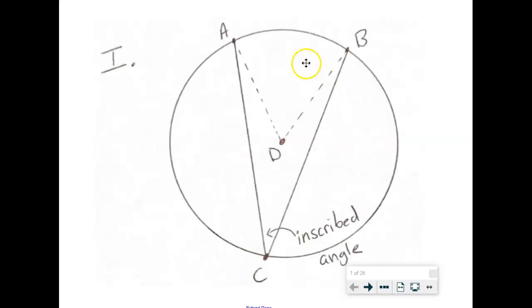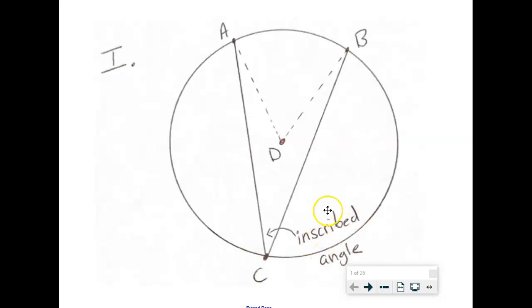Here we have in our circle an angle that's not coming from the center, but it is actually coming from the edge of a circle. So anytime you have chords that meet at an angle at the edge of a circle, you form what is called an inscribed angle.